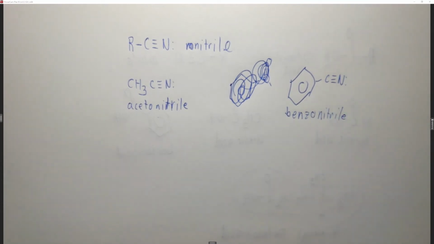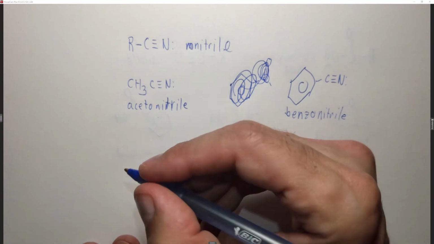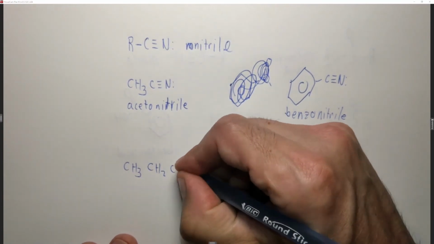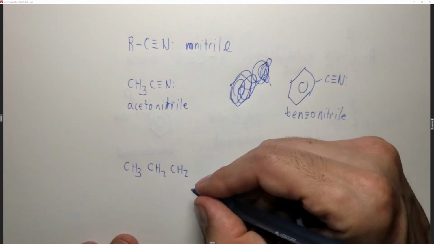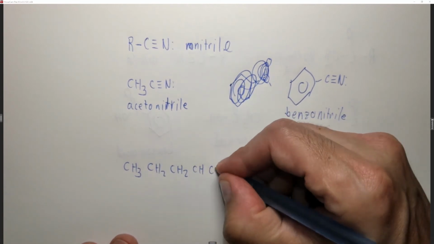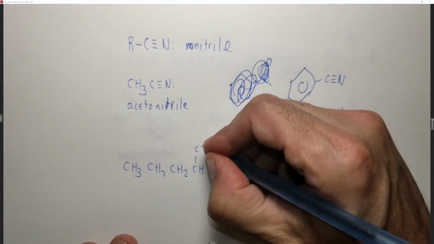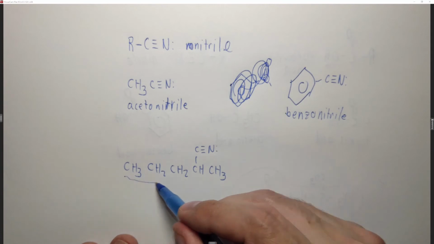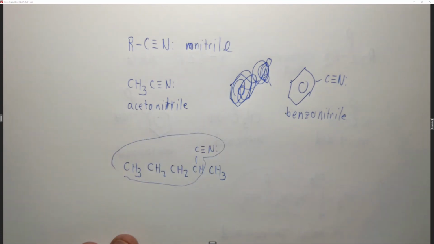And like the carboxylic acids, we could have molecules that are essentially using the usual naming schemes. So let's take something like this. We have CH3, CH2, CH2, CH, CH3, and off of the CH we have a C triple bond N. So we again would want to identify the longest chain containing the nitrile group, which is this one.